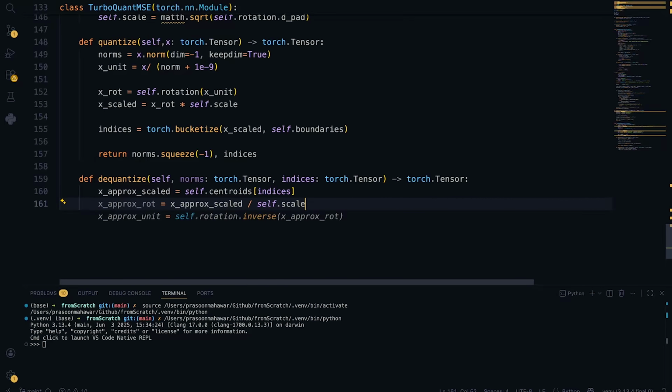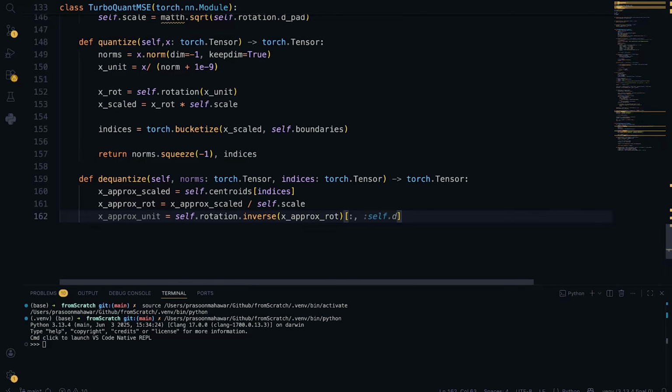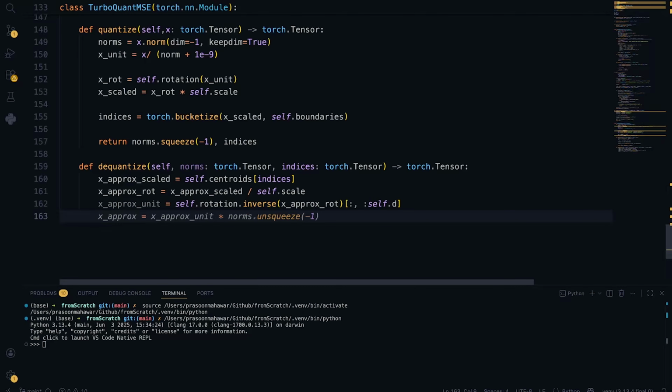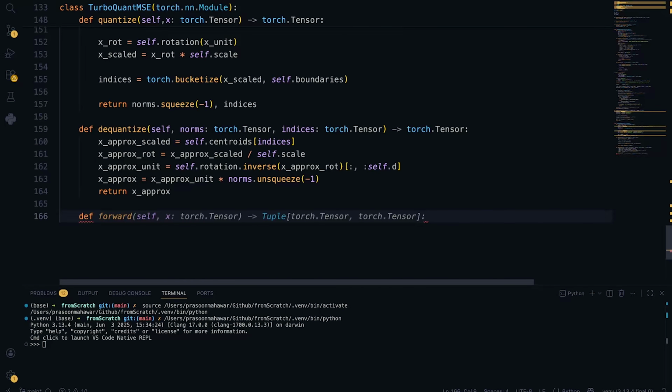Then the approximate inverse rotation: x_approx_unit, we invoke self.rotation.inverse that we defined earlier, and we will slice that as well. Yeah, this is correct. And finally rescale by the stored norms, so x_approx will be x_approx_unit multiplied by norms unsqueezed at -1, and we finally return x_approx. And now the final one is the forward pass.